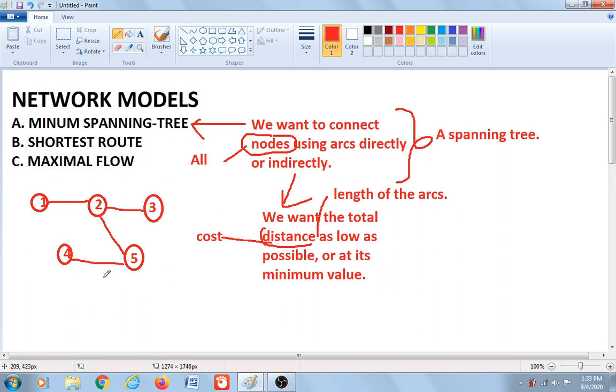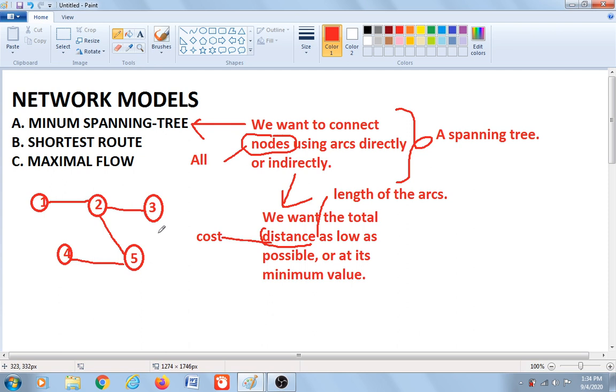So this is a spanning tree because we have 5 nodes and all are connected directly or indirectly. See, there is no arc between 1 and 4, but 1 and 4 are connected indirectly, because I can go from 1 to 4 by going from 1 to 2, from 2 to 5, and from 5 to 4.